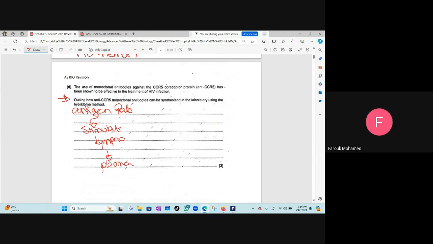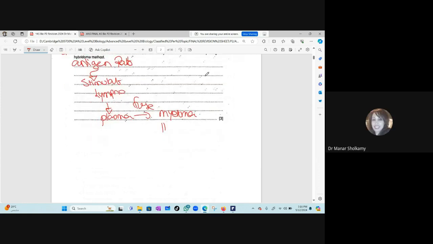Then we fuse them with the myeloma cells so they can have uncontrolled mitosis. When they fuse, they create a cell called a hybridoma, using a fusing agent such as a small electric shock.